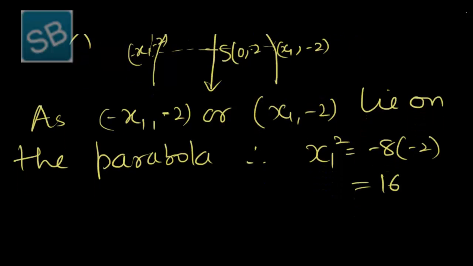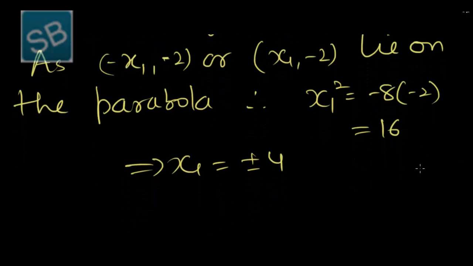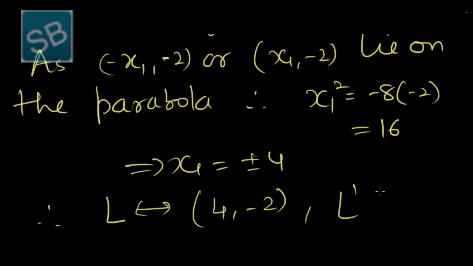So we get x1 is equal to plus minus 4. Therefore, L is x1, minus 2, that is 4, minus 2, and L dash is minus 4, minus 2. So this is the easy way to get the coordinate of latus rectum.